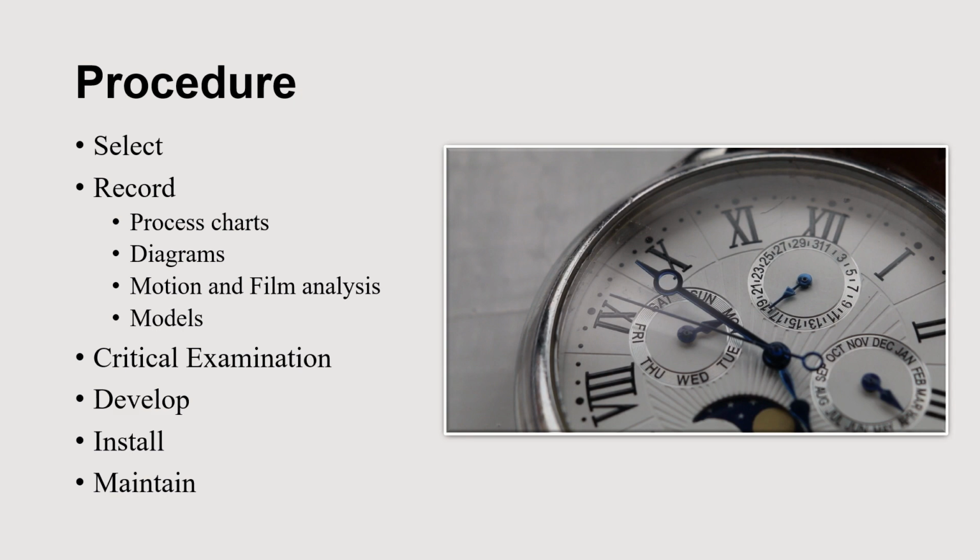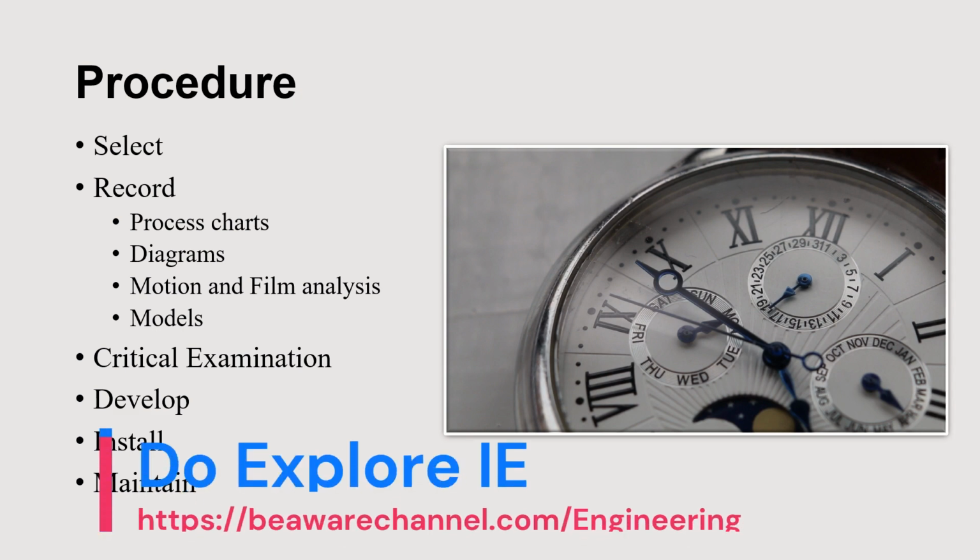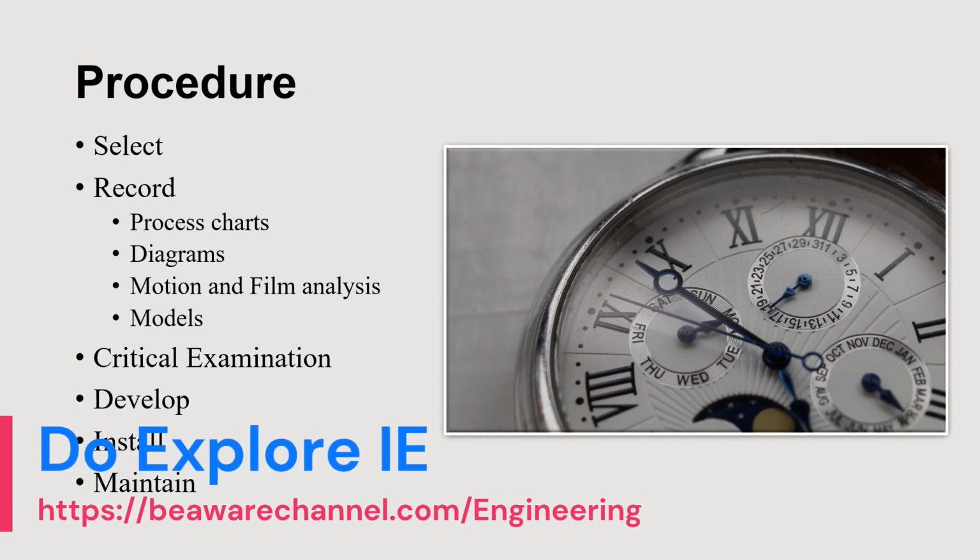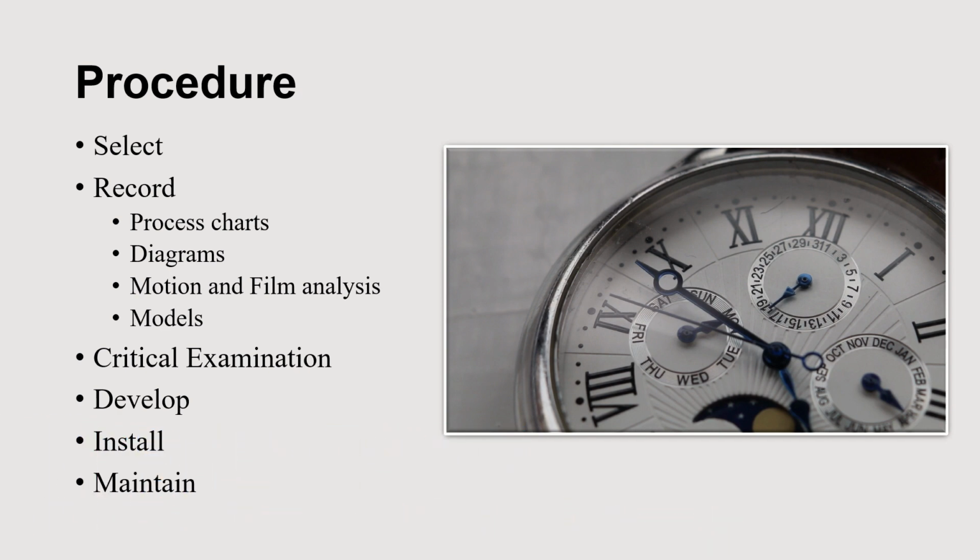Once all the tests are done and installation is completed, we need to ensure that the method is maintained, so that we ensure proper functioning of the installed method by periodic checks and verifications so that there is no deviation in the method we have found.